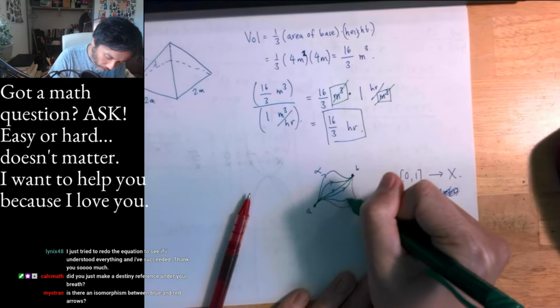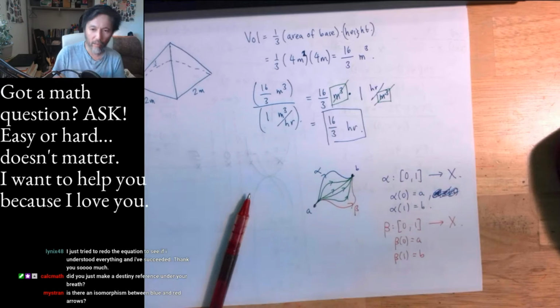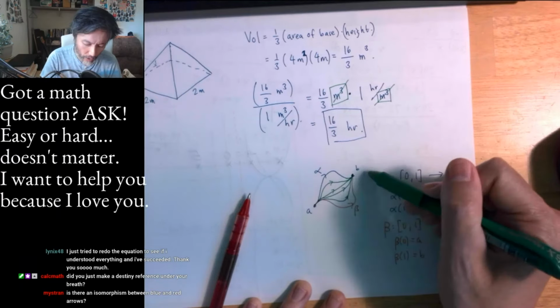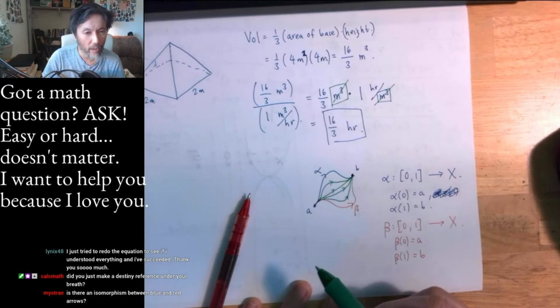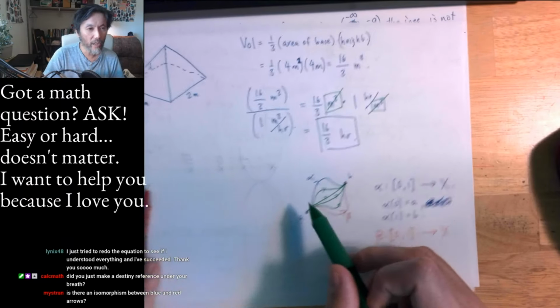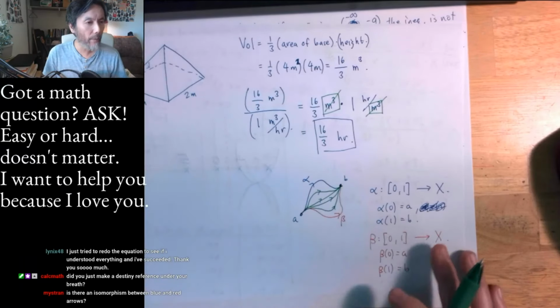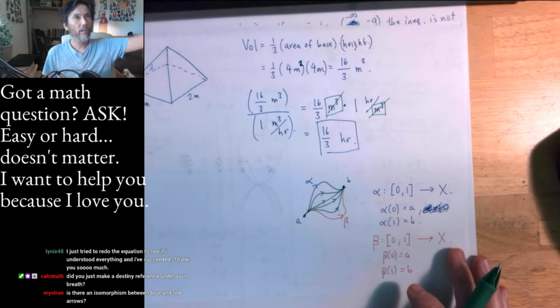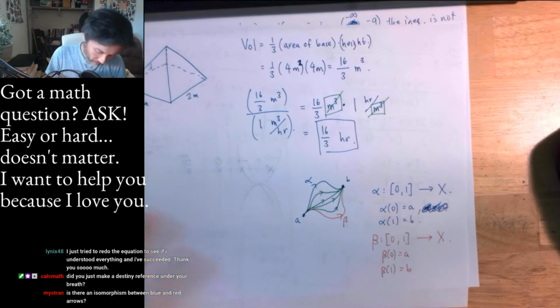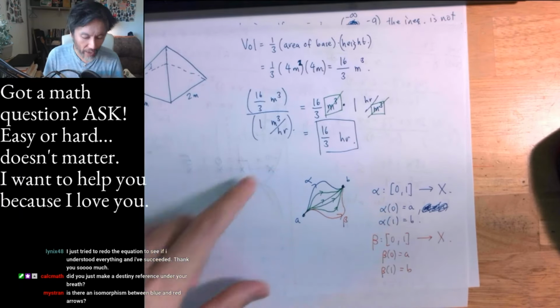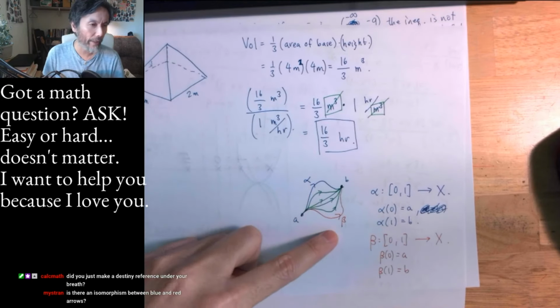You can continuously deform the blue thing into the red thing using these intermediate green things. What's really happening is called a homotopy between these paths, between alpha and beta.